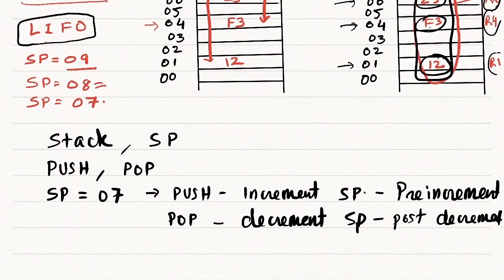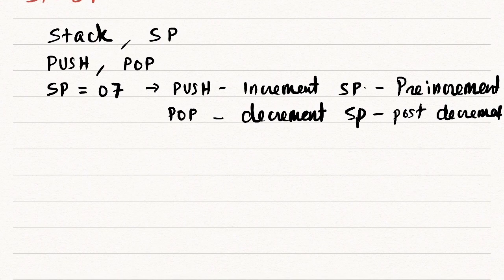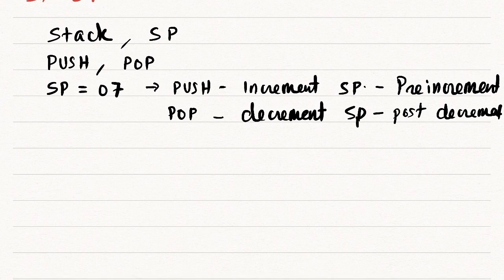Hence, to conclude today's session, we have seen what a stack is, what a stack pointer is, and what the instructions using the stack are, that is the push instruction and the pop instruction.